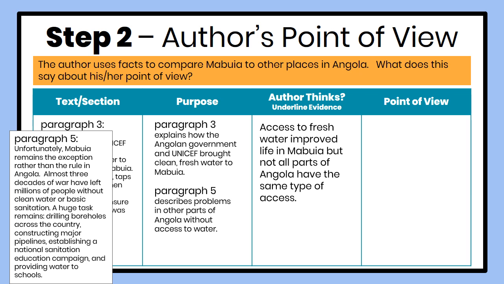Based on the text evidence, the author thinks that access to fresh water improved life in Mabuia, but not all parts of Angola have the same type of access. When we put those together, we get our author's point of view.